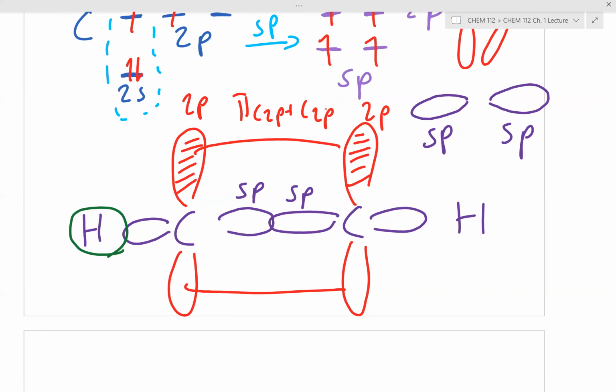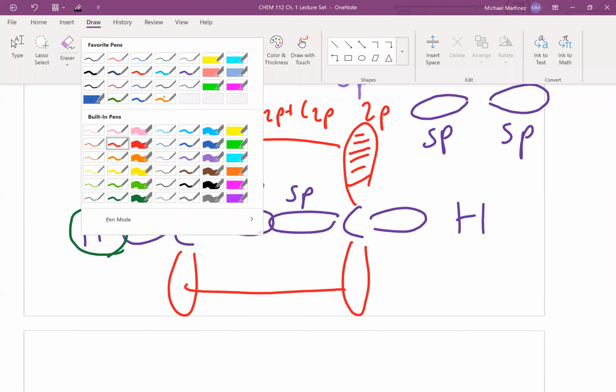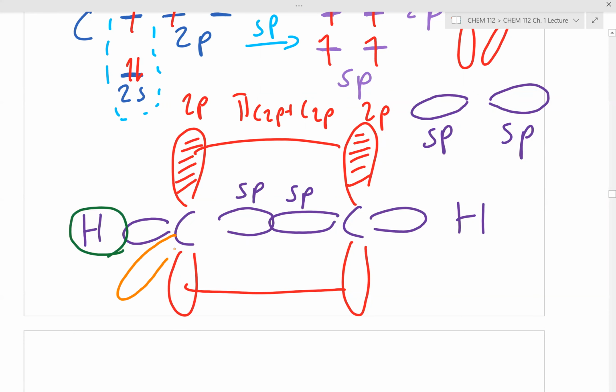Okay. Now, our second set of p orbitals, and I'm going to use a slightly different color in orange for this, are going to push out of the page towards us. They're in front of our bond axis.